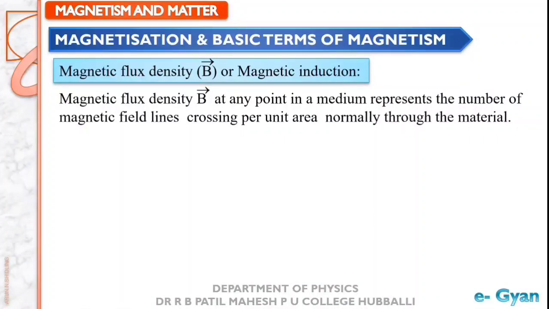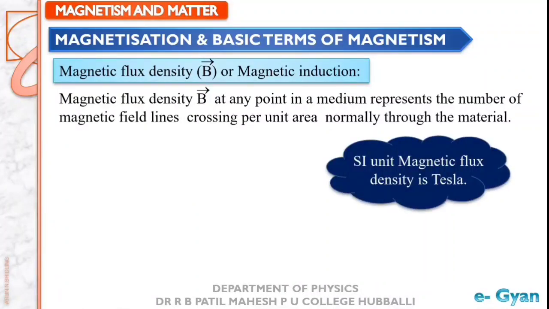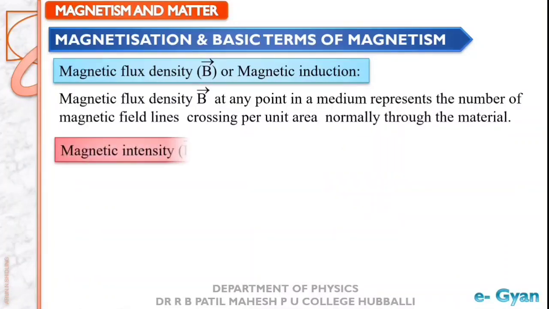One more important thing is that the magnetic field lines should cross an area normally. The unit of magnetic flux density is Tesla.